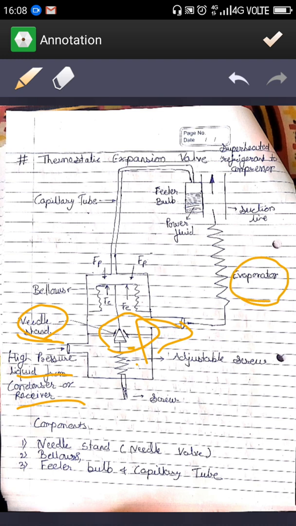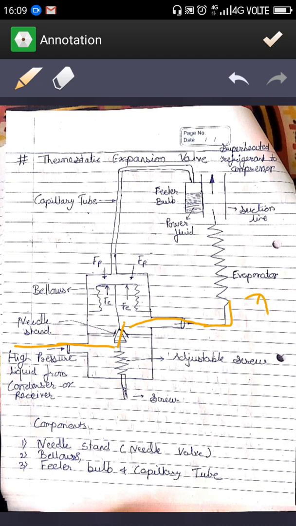You can open or block this entry by opening and closing this needle stand or needle valve. Normally, the high pressure liquid from condenser comes here, then when this valve is open it goes to this side and then moves to the evaporator.